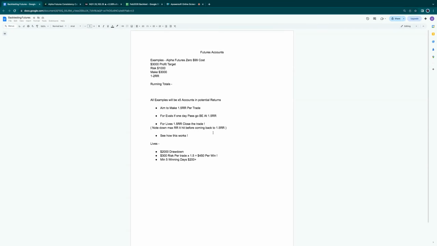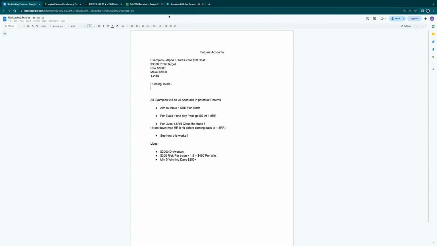I'll keep a note of that in my journal on my spreadsheet. Obviously on your live account you get 2,000 worth of drawdown, and we're going to risk $300 per trade, 1.5R max, so that'll be $450 back per win. We're going to aim for 5 winning days, as that's what most of the accounts need. We need $200 plus, which will be targeted there.